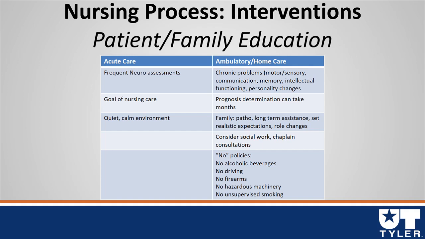Understand there are different family dynamics that can take place, and the patient may never be able to perform various duties and tasks that they were able to perform beforehand. Some quote-unquote no policies are listed here. These can be given to the patient with a head injury to prevent any other injury in a disabled state.